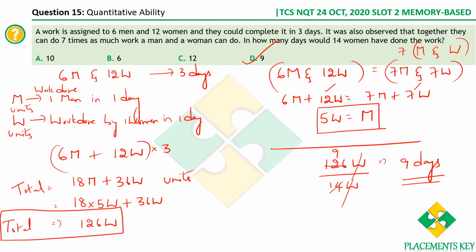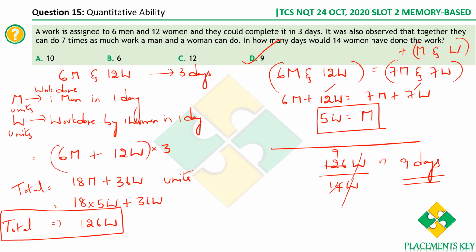Please try to understand. First we have found out the total work done. Then we are given a relation here, and from there we figured out that one man's work is equal to 5W, or 5 women's work.